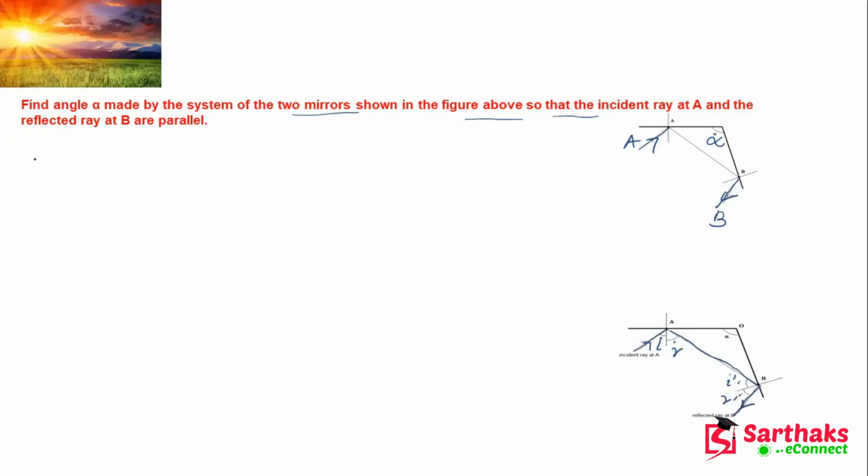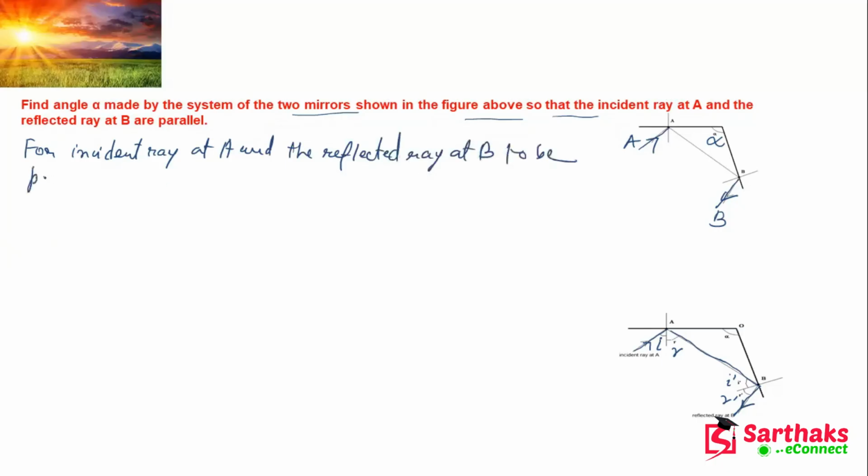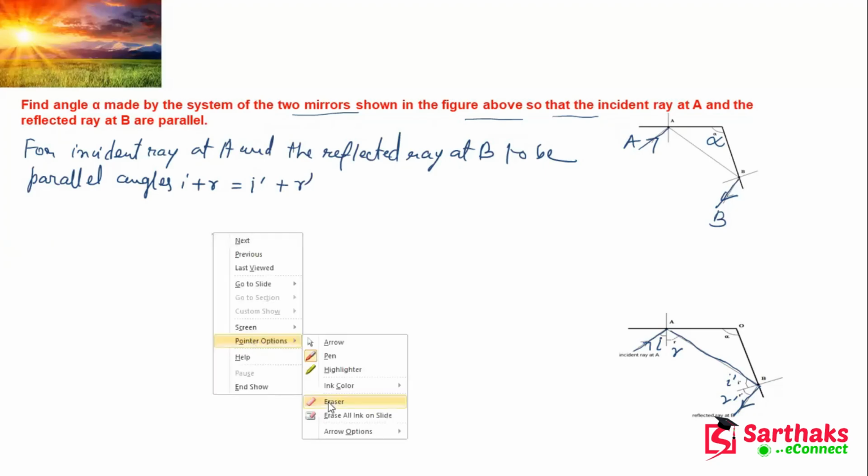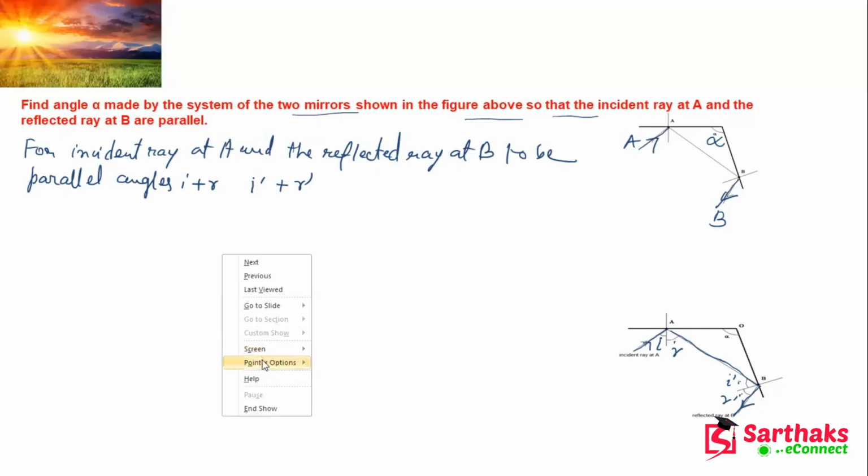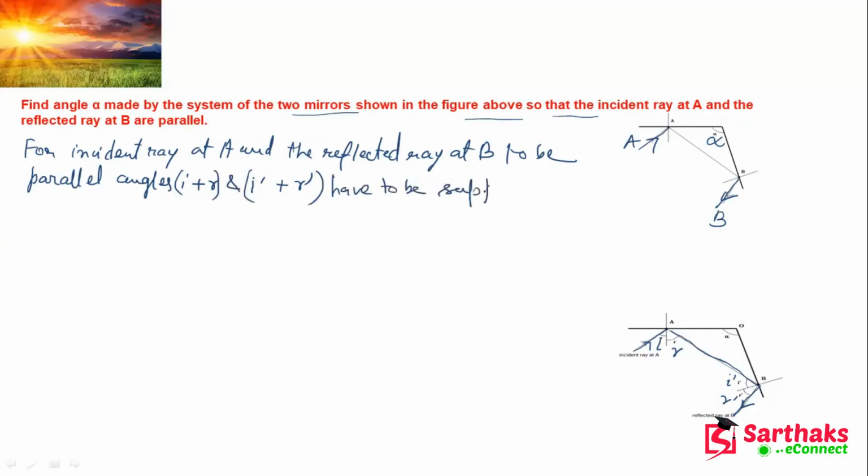So we can write down that for the incident ray at A and the reflected ray at B to be parallel, I plus R and I prime plus R prime have to be supplementary.